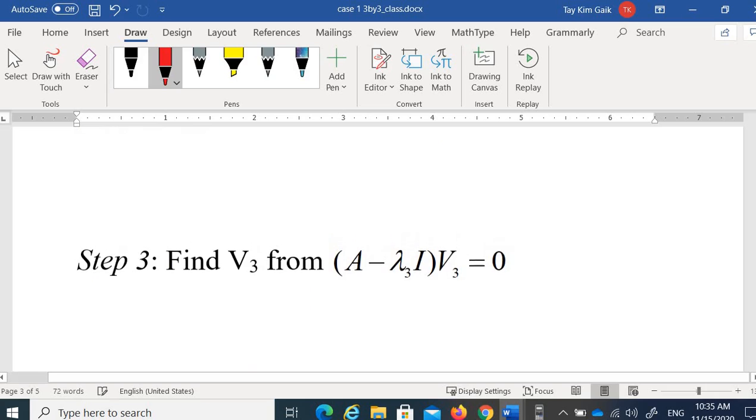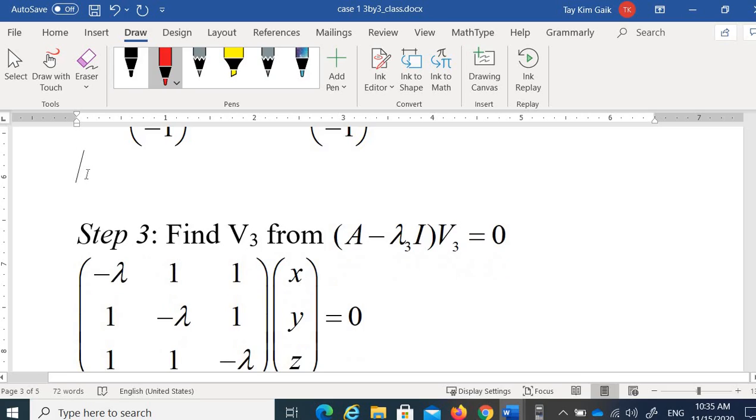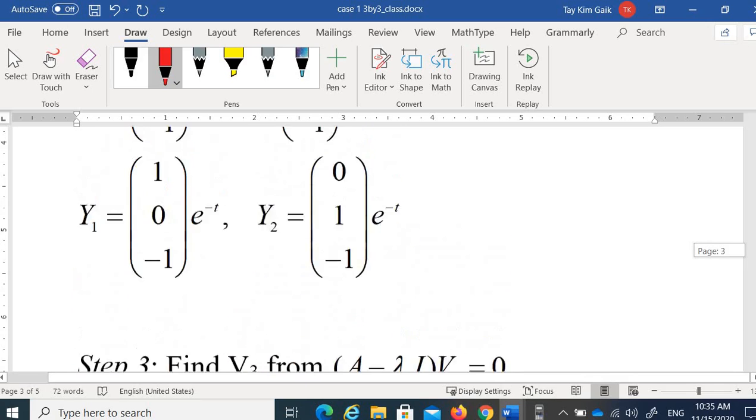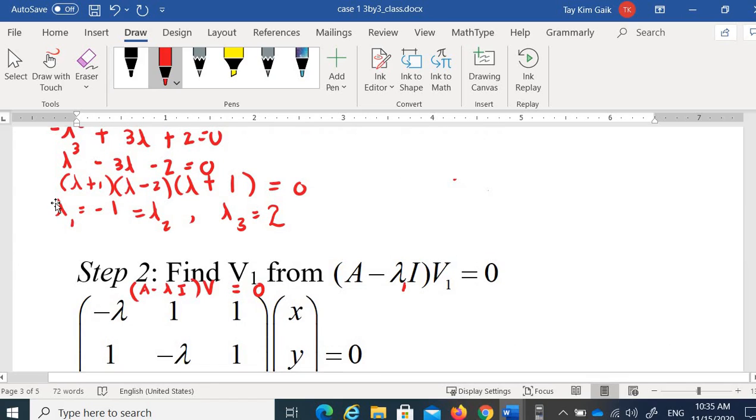Okay, the third step, plug in lambda 3 equal to 2, which we just obtained from the calculator. You have 3 eigenvalues, 2 are the same: lambda 1 equal to lambda 2 equal to -1, lambda 3 equal to 2.